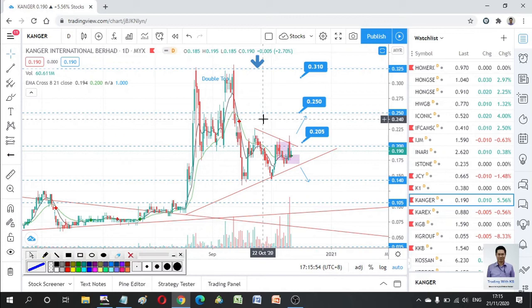If you just buy stock based on hope, I hope it will go up, you just hope. A lot of the time, the market does not do what we hope for.